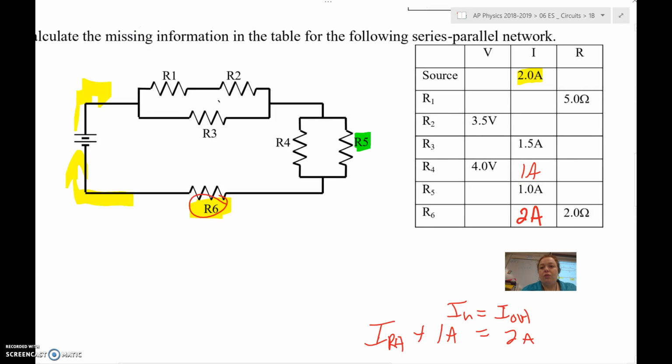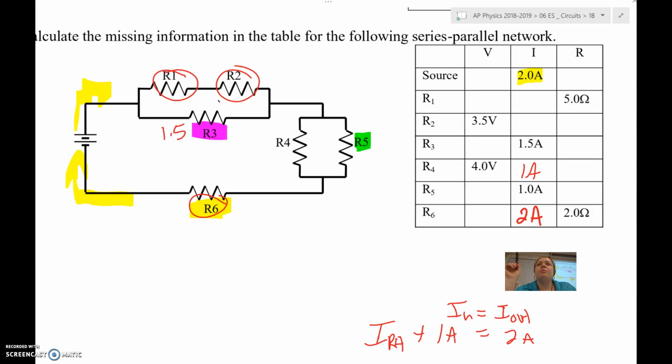We can use the same logic on R3. If R3 had a current of 1.5 amps, then with the same idea, current in equals current out, what plus 1.5 is equal to 2? 0.5. So we have two things here.